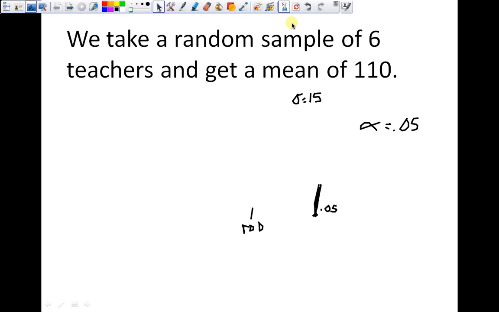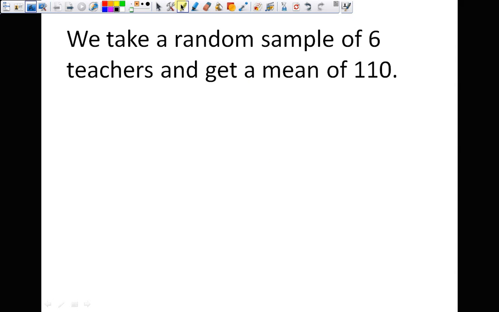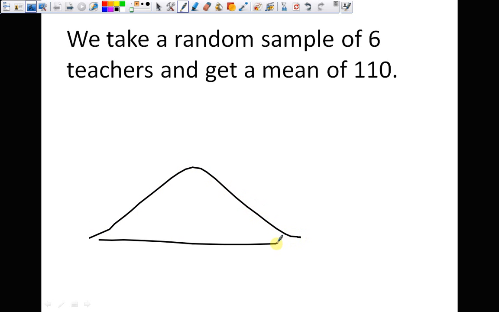So let's look at an example here. It says, suppose we take a random sample of 6 teachers and get a mean of 110. In other words, the mean is 100. What if we got 110?